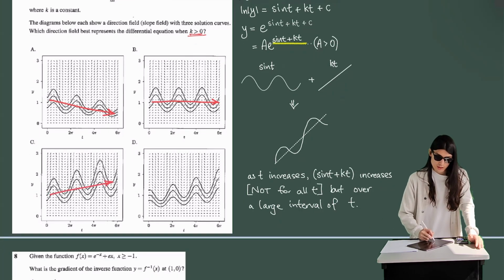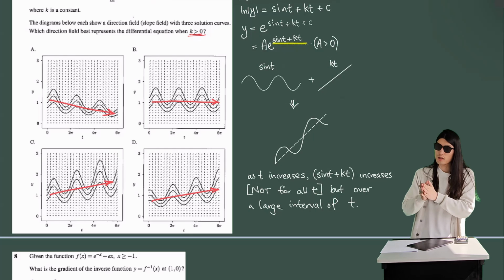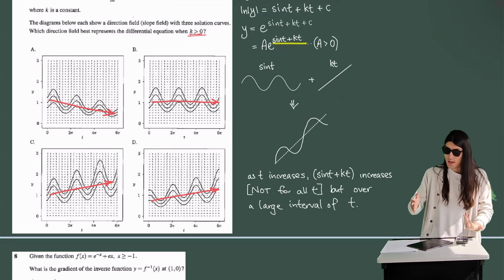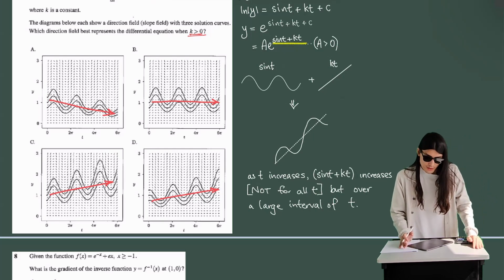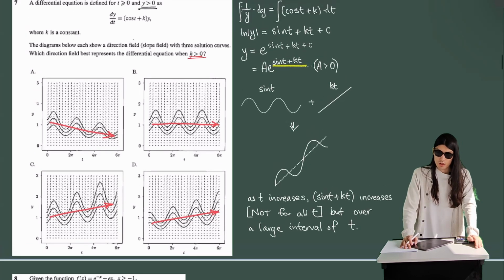It's C and D that demonstrate the increasing value of y over a large interval of t that I explained, isn't it? So your answer then is either C or D in this situation, okay?